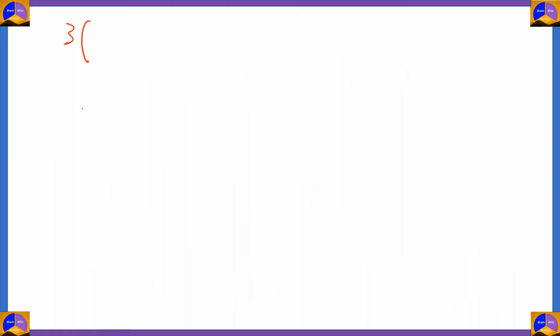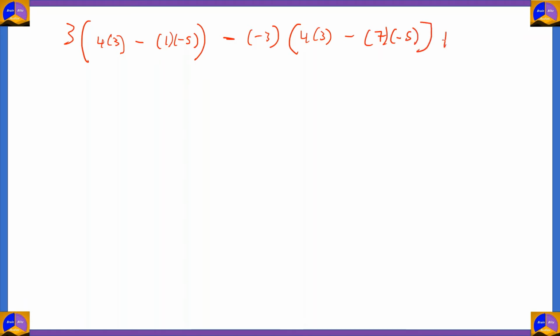Plus 3 into 4 into 3 minus of 1 into minus 5, minus of minus 3 into 4 into 3 minus 7 into minus 5, plus 8 and then 4 into 1 minus 7 into 4.